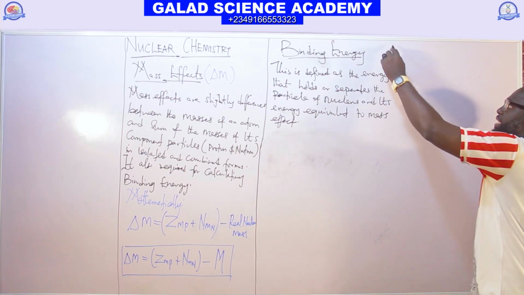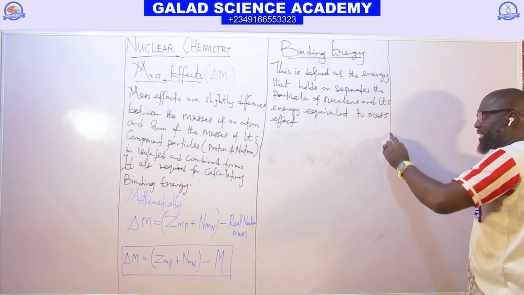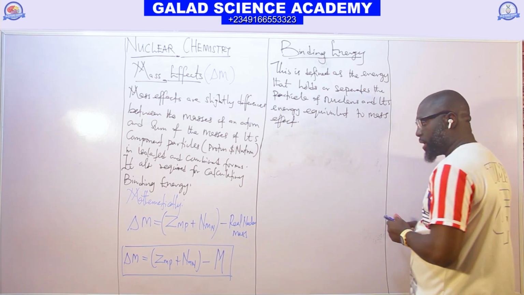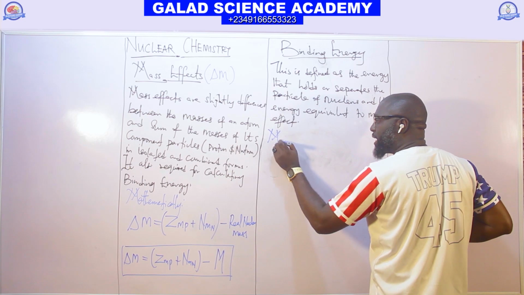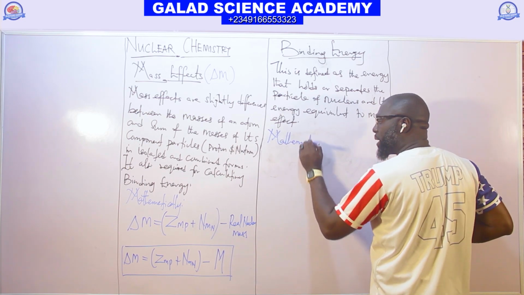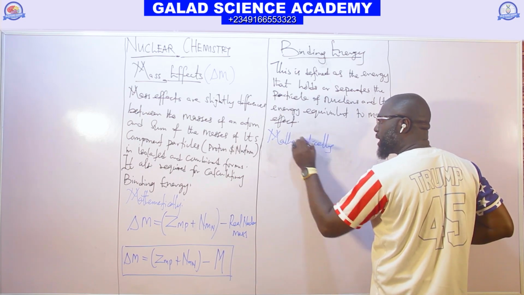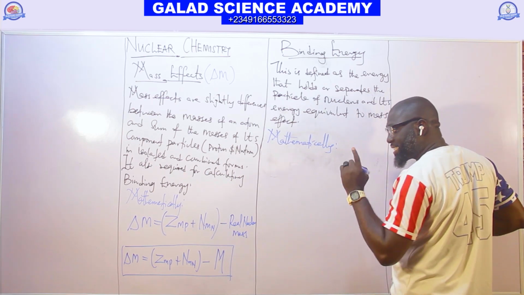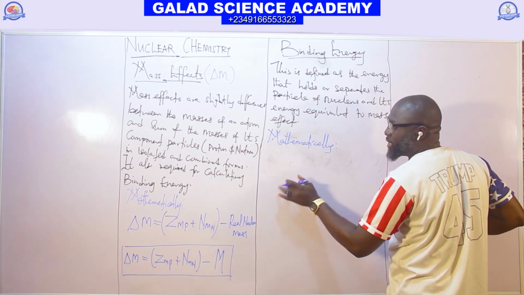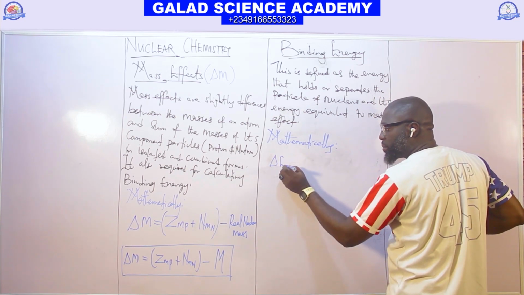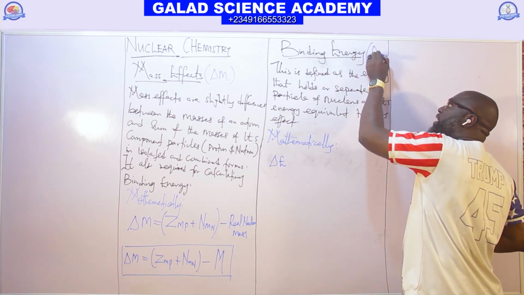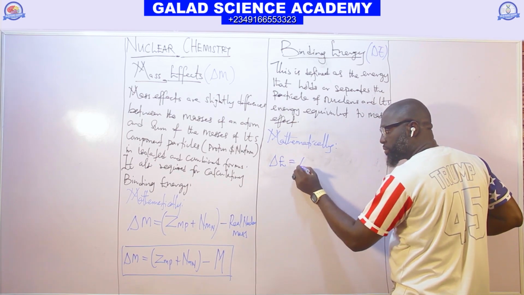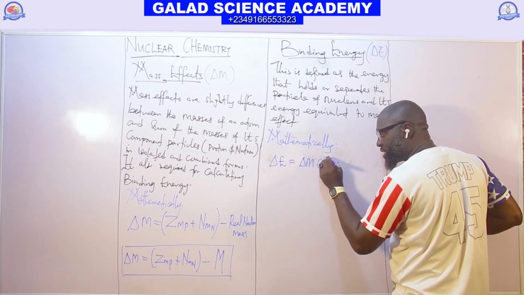And mathematically, the binding energy can be expressed by Einstein's mass-energy equation. This is the symbol for binding energy: ΔE is equal to the mass defect times c squared.